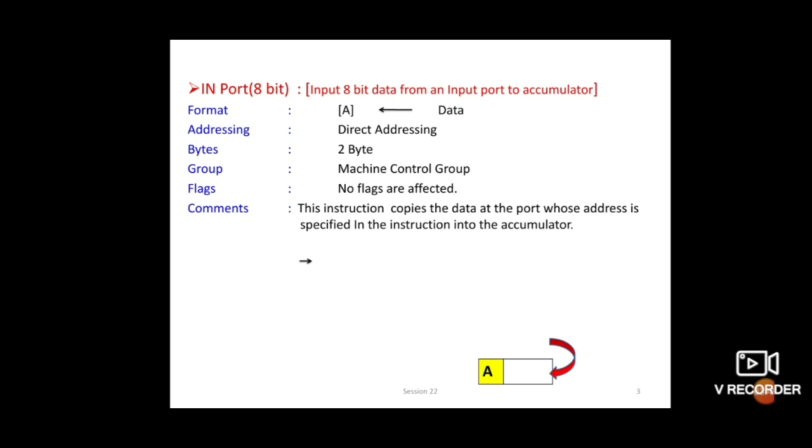Now in technical language, if the 8085 microprocessor wants to transfer data to an output device like a monitor, screen or LED, then data is always transferred through a port.